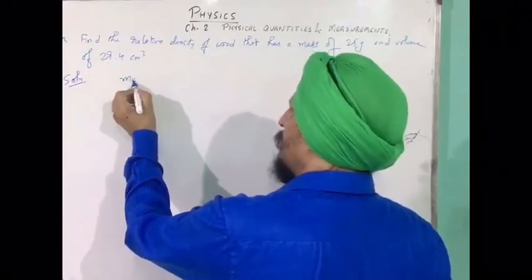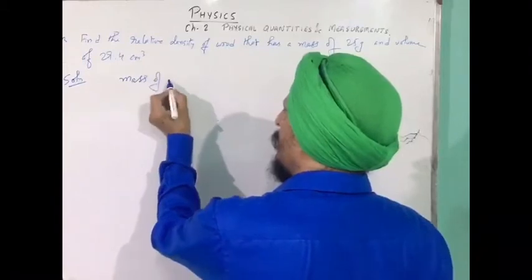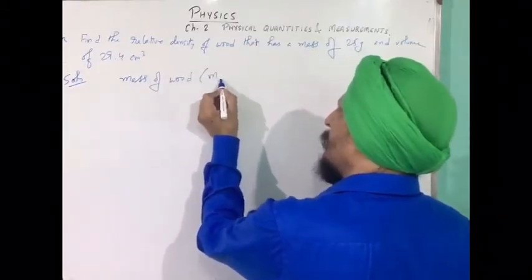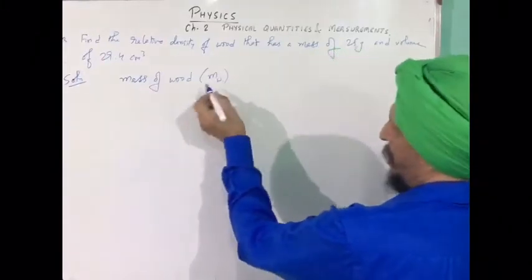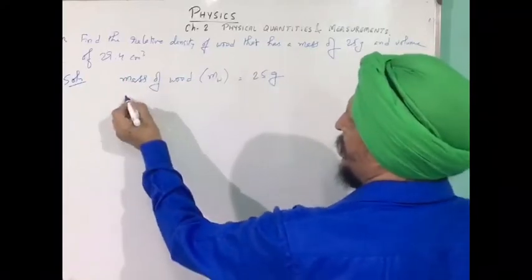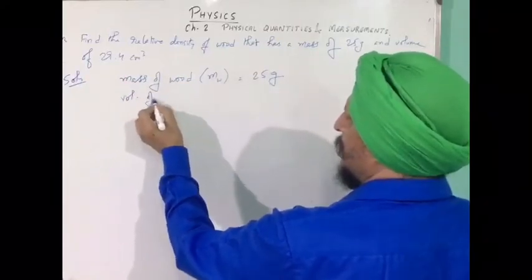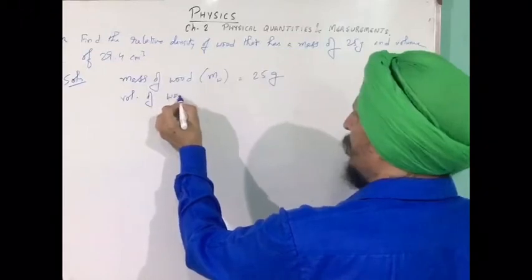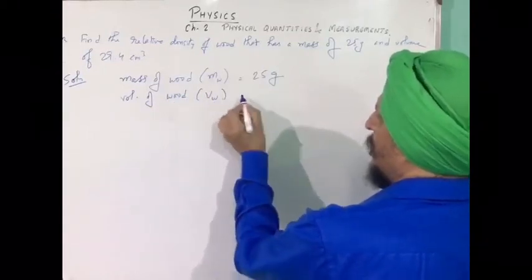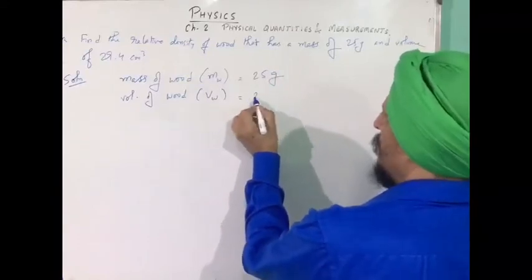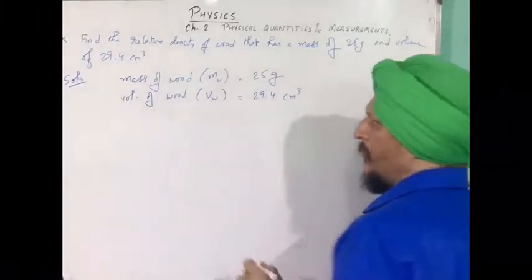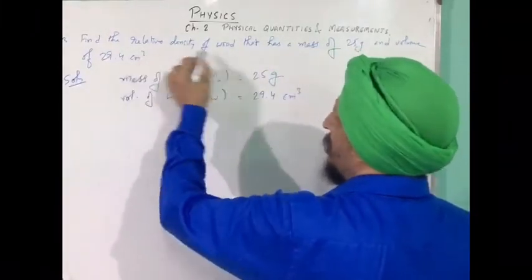Mass of wood is 25 gram, and volume of wood is 29.4 centimeter cube.